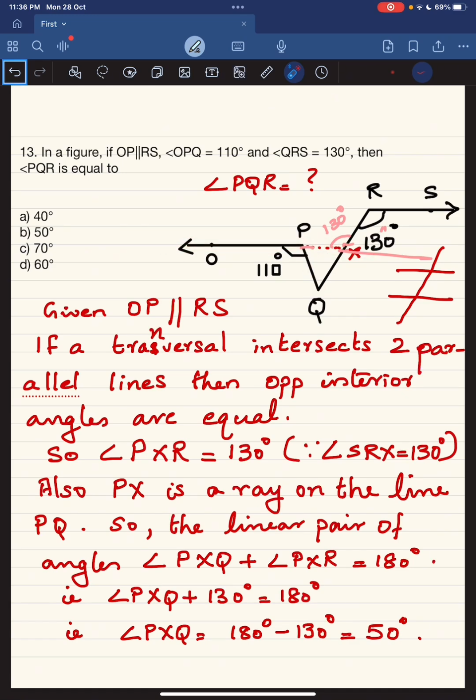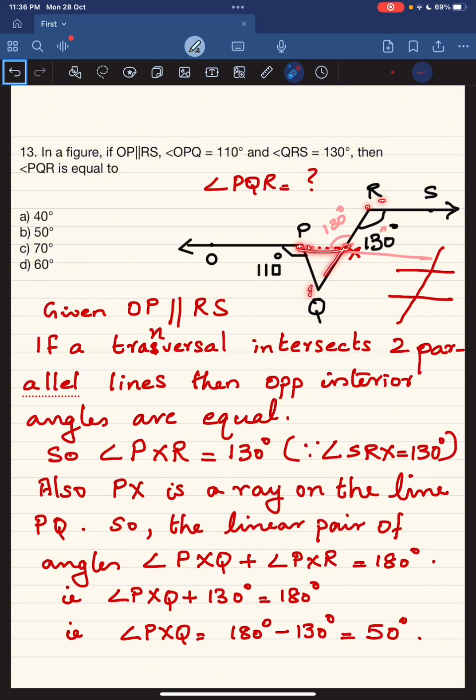So if this is a ray, we get a linear pair. You studied before, the sum of the linear pair of angles must be 180 degrees. So we have two angles, angle PXQ and angle PXR.